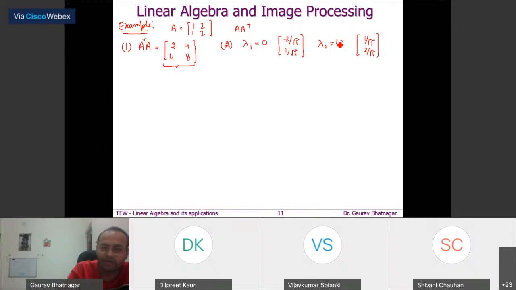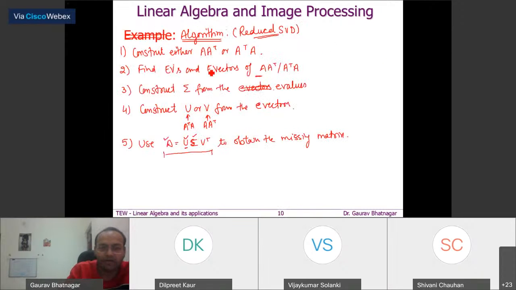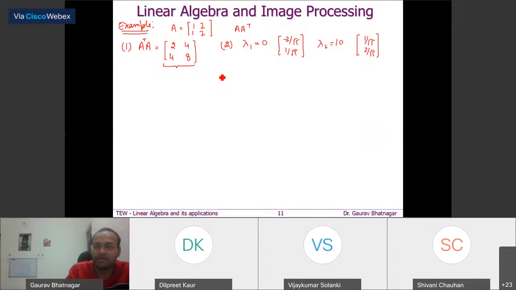Maybe we can write that over here: we have to find all the eigenvalues and the corresponding normalized eigenvectors. If in the process you are getting normalized eigenvectors, it's okay. If not, please normalize them by dividing by the length of those vectors. So these are the normalized eigenvectors which I have obtained with respect to lambda 1 equal to 0 and lambda 2 equal to 10.